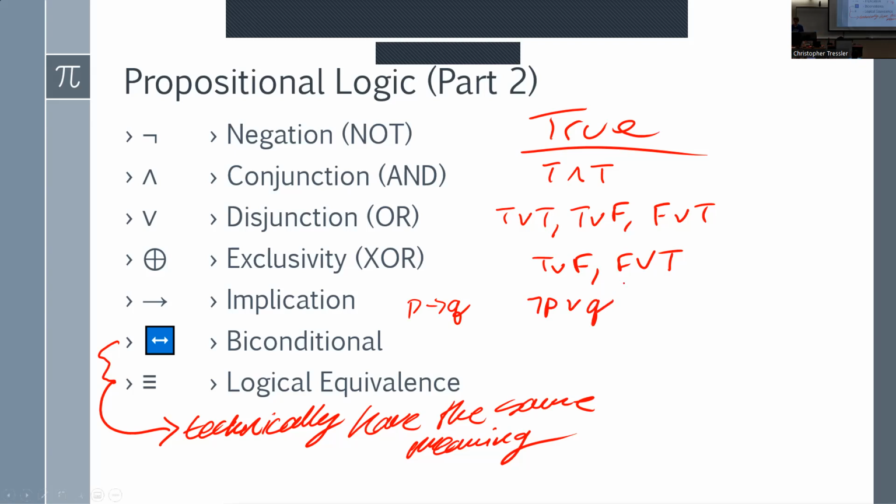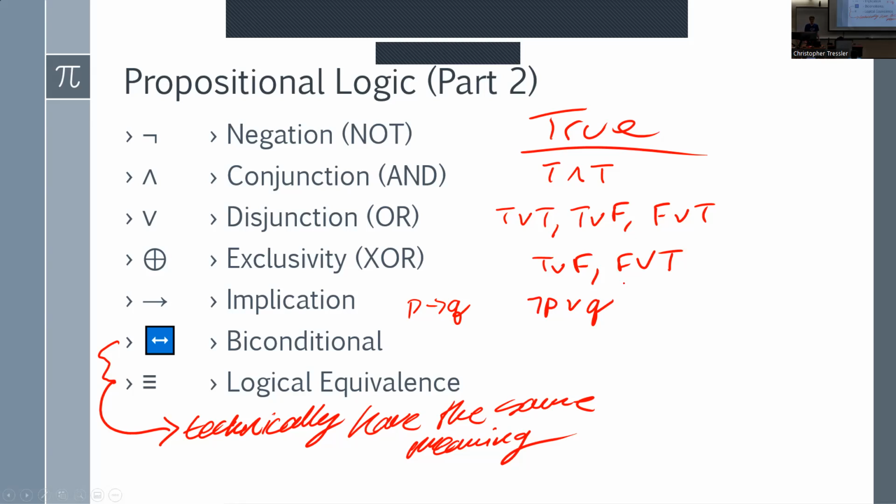The reason that works is, think about it: in the truth table, if the left proposition is false, even if the right proposition is true, we still say that it implies, because we don't have enough knowledge about the left proposition to say that it doesn't imply.